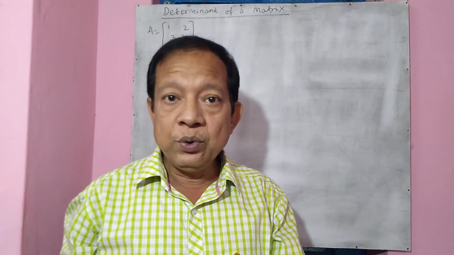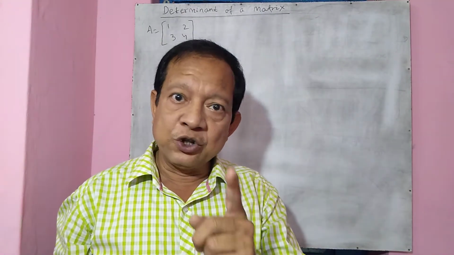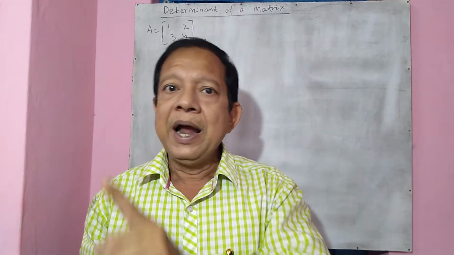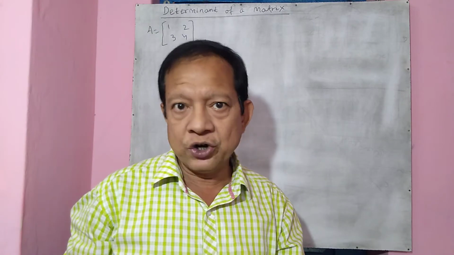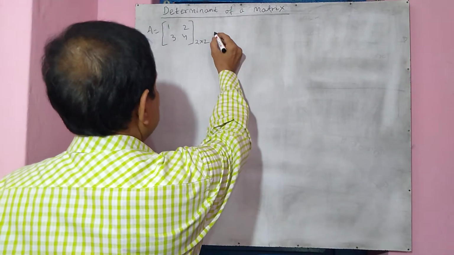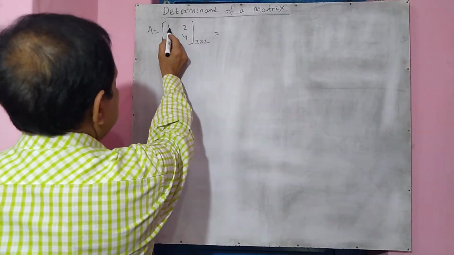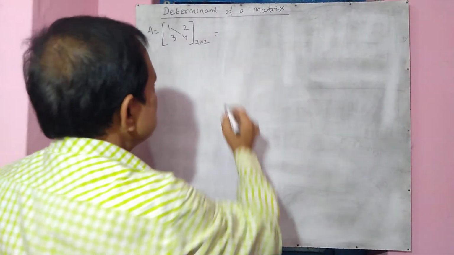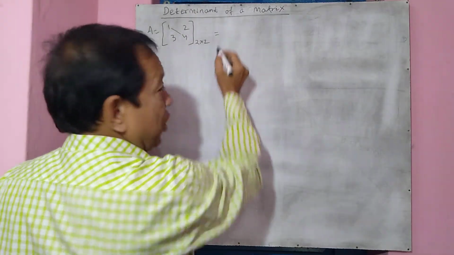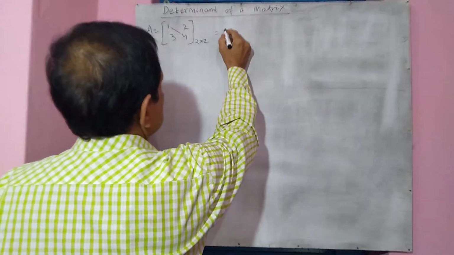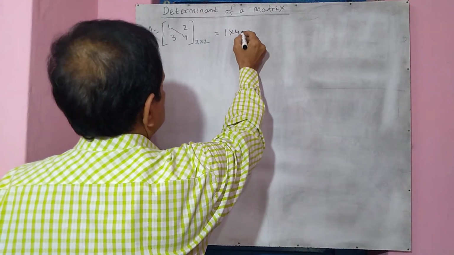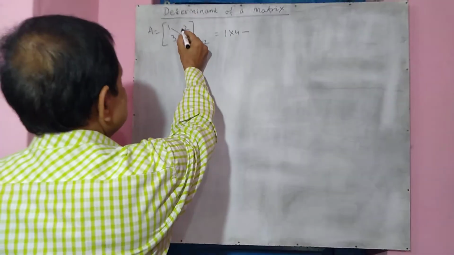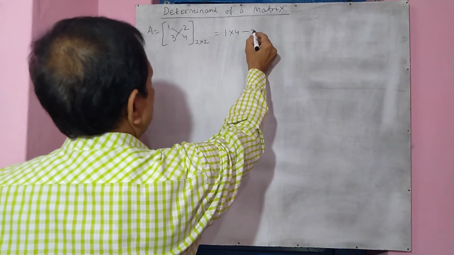How? I told you, the determinant is nothing but the difference between the product of the principal diagonal and the product of the other diagonal. Here we have two diagonals. You see, 1 and 4, this is the principal diagonal. So first we write the product of the principal diagonal, that is 1 into 4, minus the product of the other diagonal, 2 into 3.